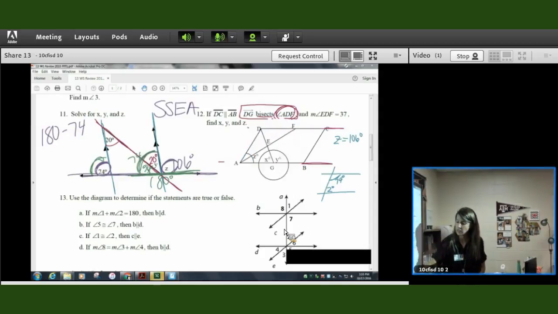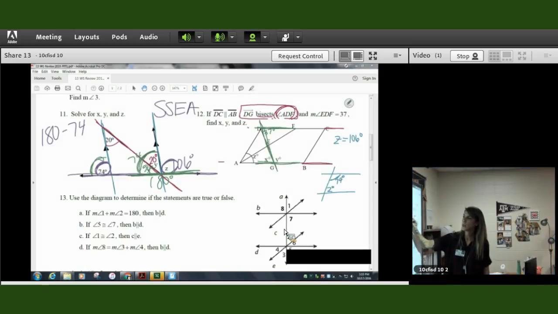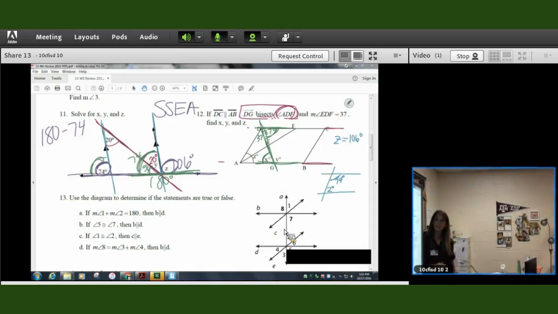Now, I have the luxury of getting to erase, and I know you don't, but I'm just going to make it easier to see. 37, and then we're going to do this right here. We're going to have some parallel lines and a transversal, and we can use alternate interior angles. So alternate interior, X is 37.